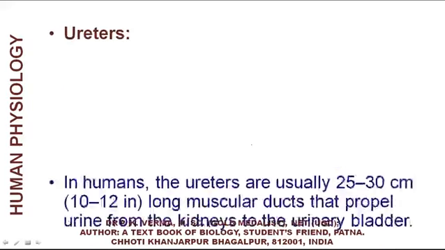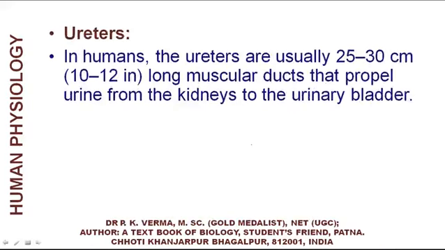Now let us see how the ureters carry urine from the kidney to the urinary bladder. In humans, the ureters are usually 25 to 30 centimeters long, that is 10 to 12 inches in length.